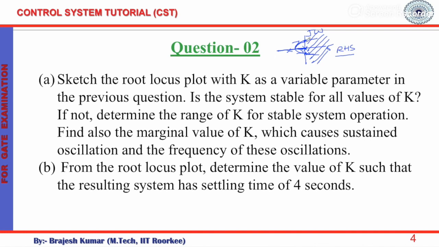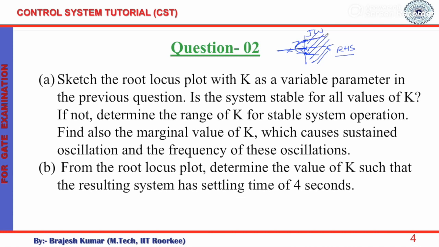So it will remain stable till here. You are going to vary k from 0 to infinity, because by default we draw the root locus for the variation of k between 0 and infinity.